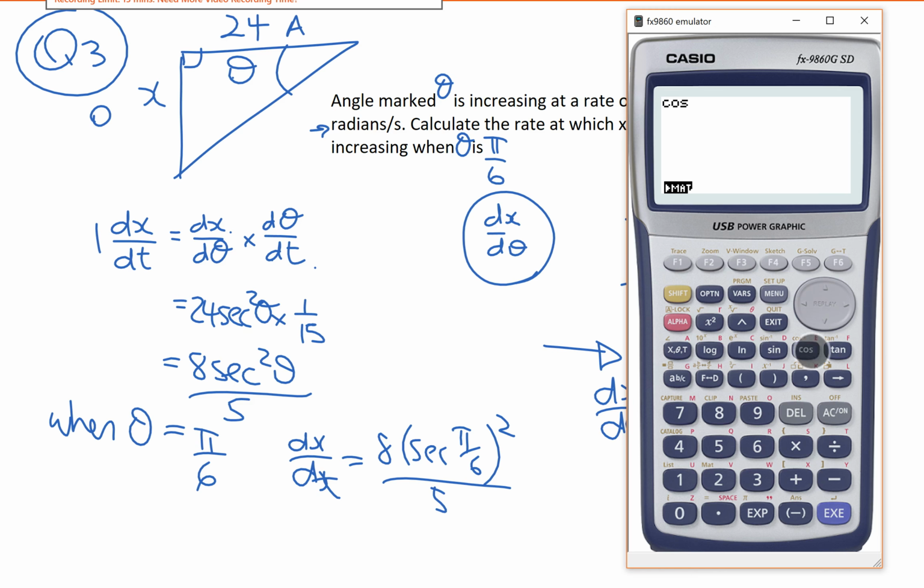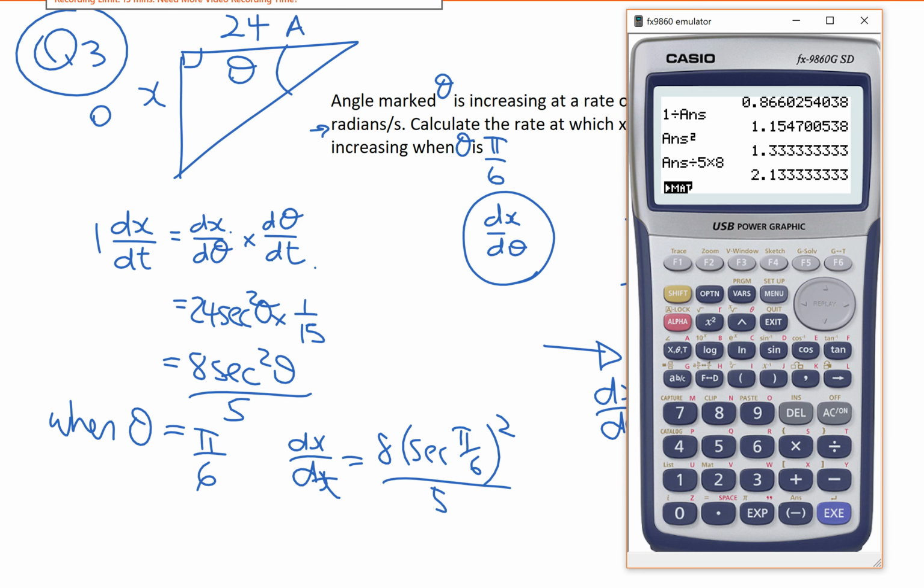So you go cos of pi over 6, get that answer. To get sec, you divide 1 by my answer. That'll give me sec. I square that to get sec squared, and then I divide that by 5 and times it by 8, or times by 8 and divide by 5.